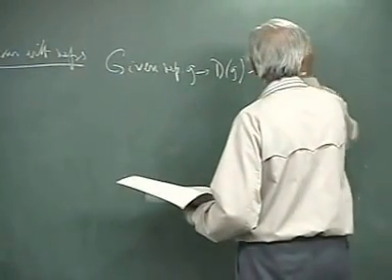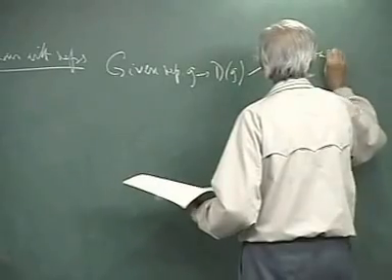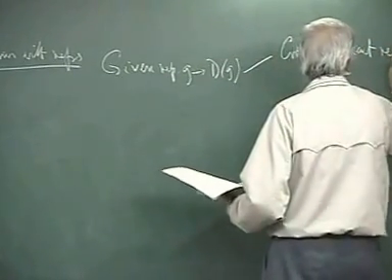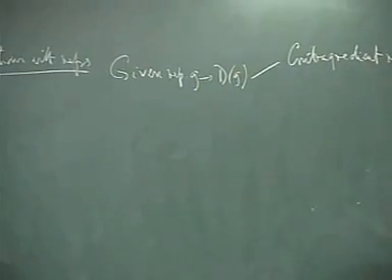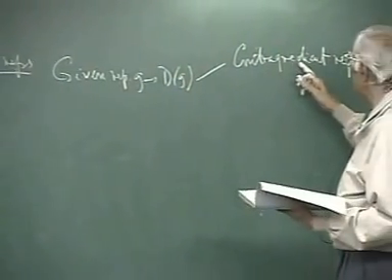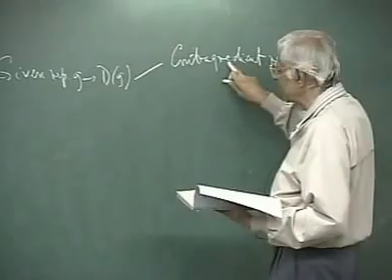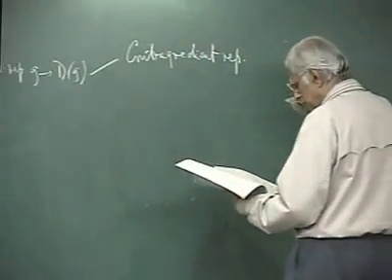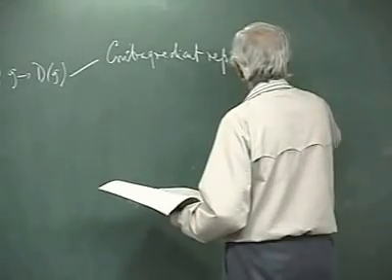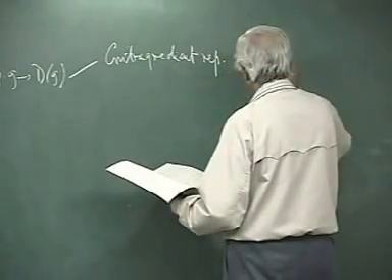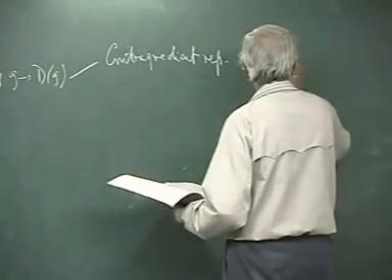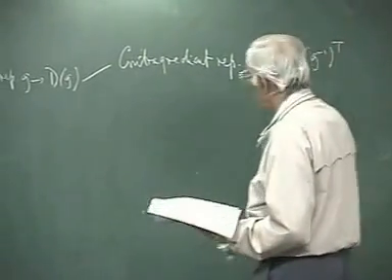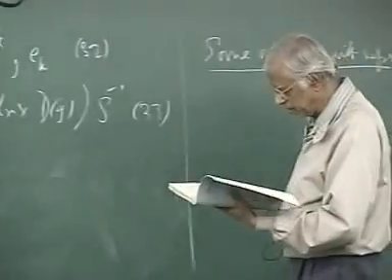Then we say, from this representation, we can get another representation which is said to be contra-gradient. From this representation we get another matrix representation in which the group element G is represented by the transpose of D of G inverse.